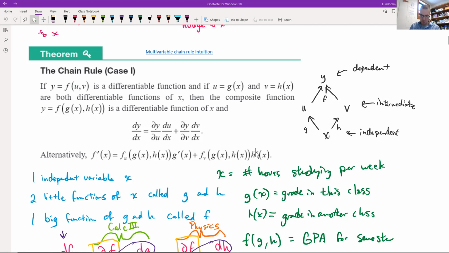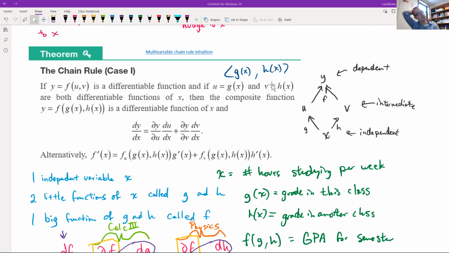Whereas you might even want to start thinking of a vector that looks like G of X, H of X, where G is the U component and H is the V component.